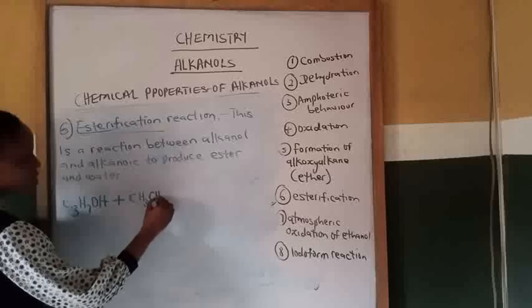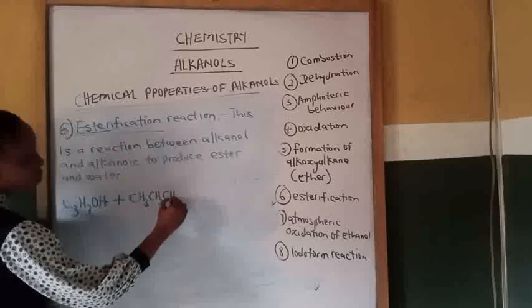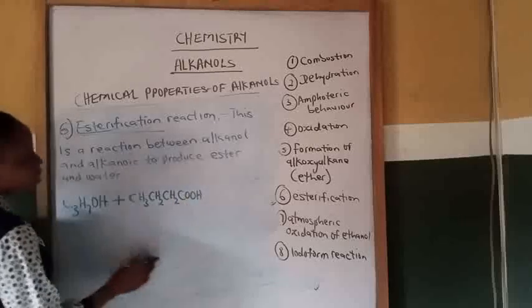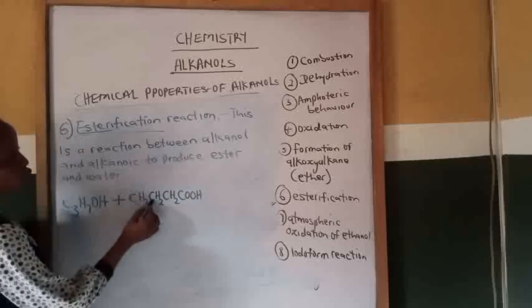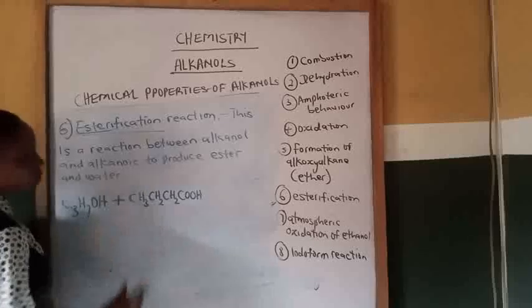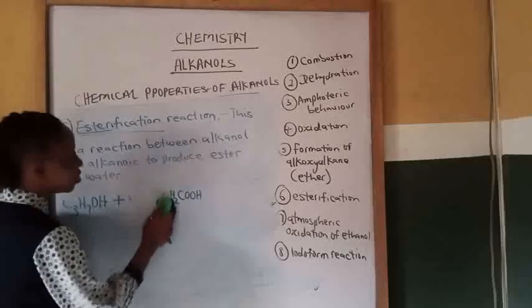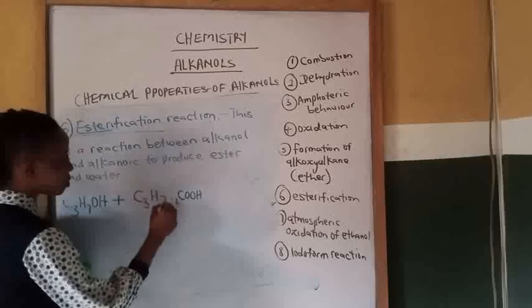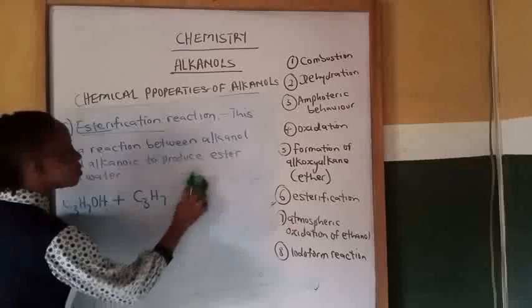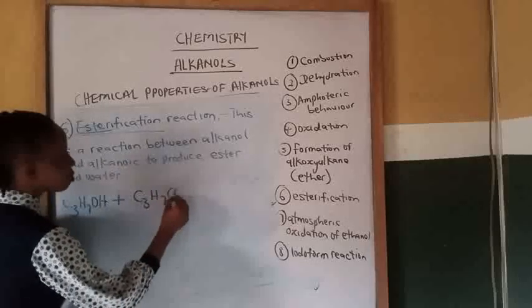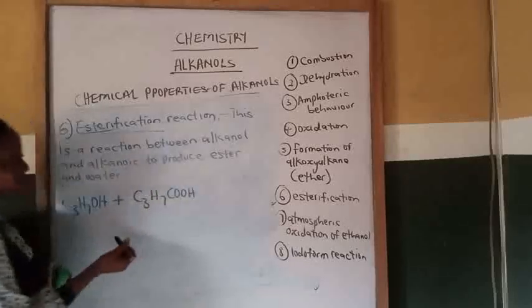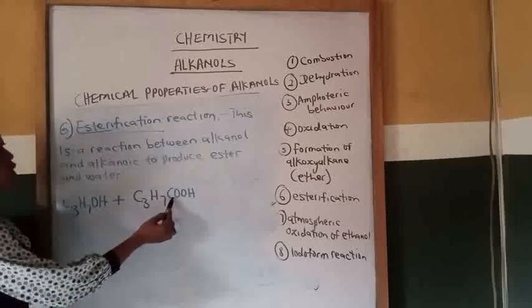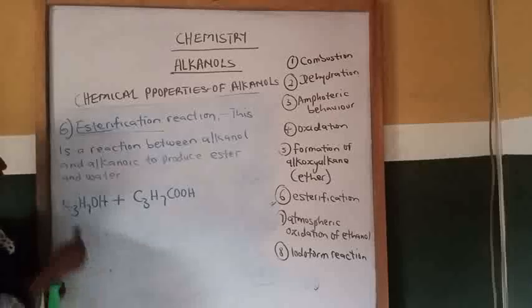That will be CH3CH2CH2COOH. Then I can also write it as C3H7COOH, because an alkanoic acid with 4 carbon atoms, 3 here plus 1, is butanoic acid.